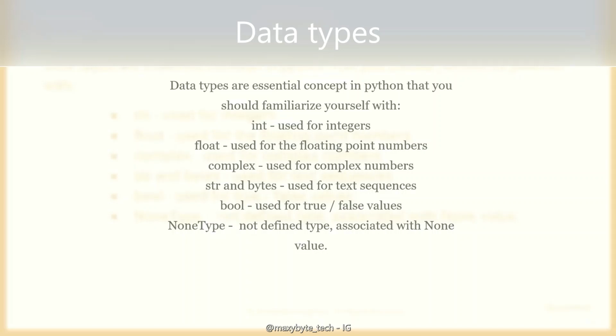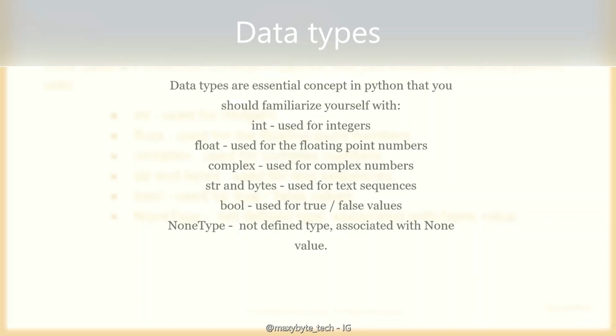Okay. And we have the None type, which basically is not defined, and it is associated with no value in Python. And these are basically the types of data types that we have. And we will begin to use each one of them, and we will keep introducing you to how to use each of these data types for you to understand the meaning.